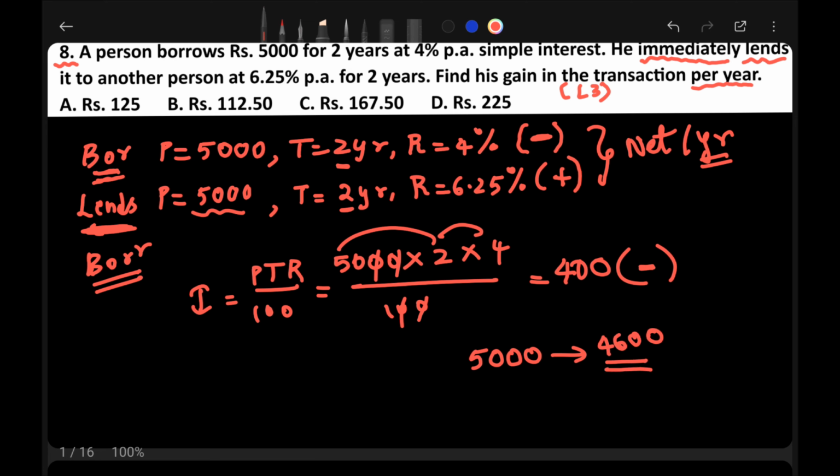Now we shall see how much gain he will get if he lends this money at a higher interest. Now we shall calculate the lending, part 2 of the question. Interest equals PTR by 100. As he immediately lent to others, it is 5,000.